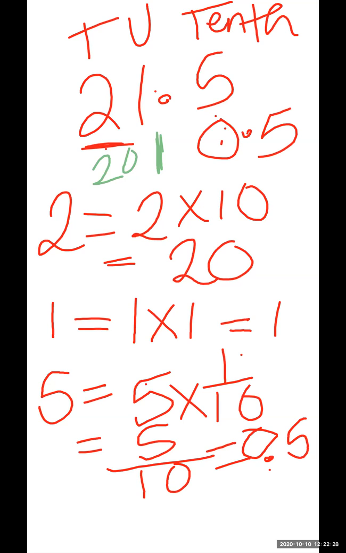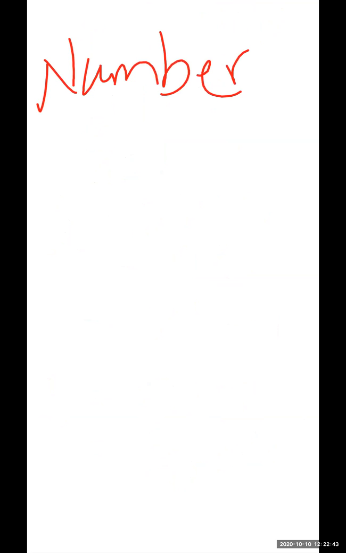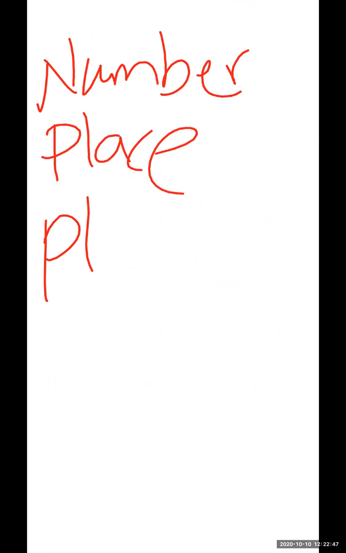Understood, student? I am writing like this, but you are going to make the columns. आप columns में लिखोगे ये सारा. The first column will come the number. उसका first column आएगा numbers, then place, and then place value.